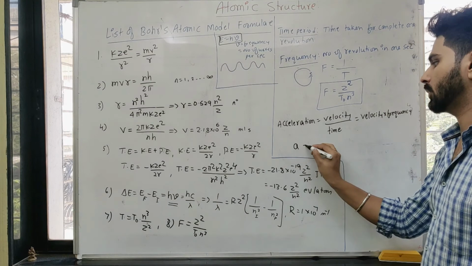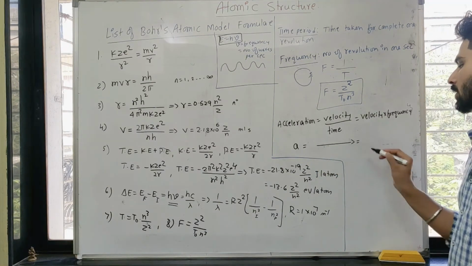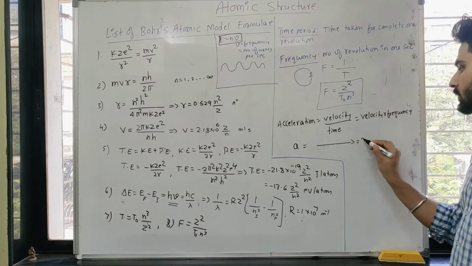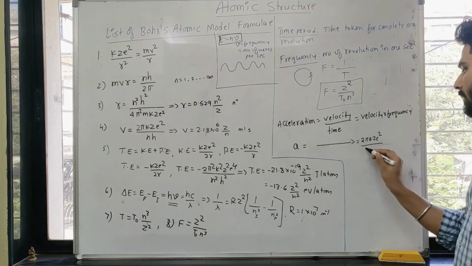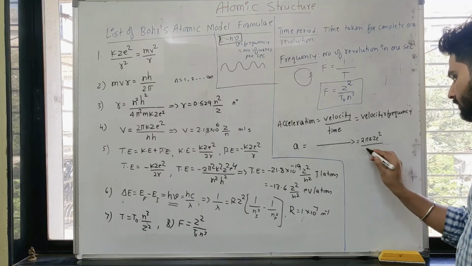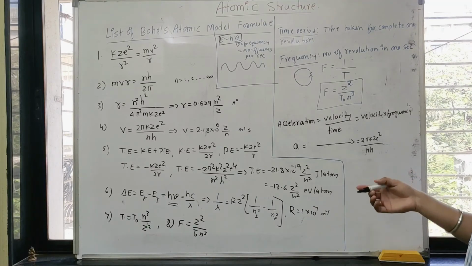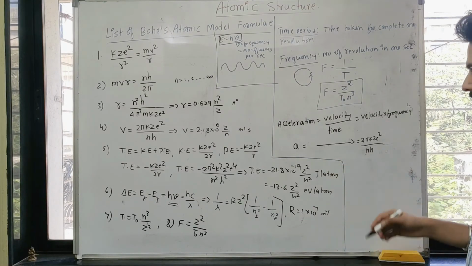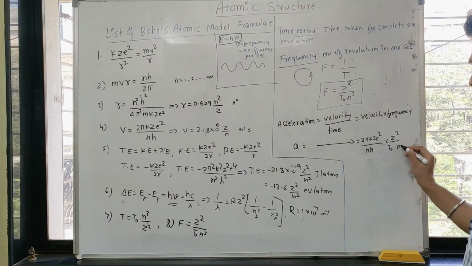So a equal to velocity, which is 2 pi k z e square divided by n h, and for frequency I will use z square divided by t naught into n cube.